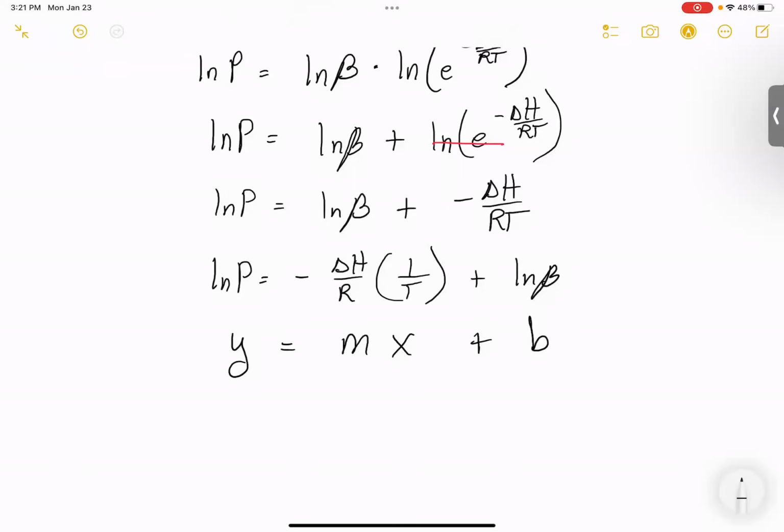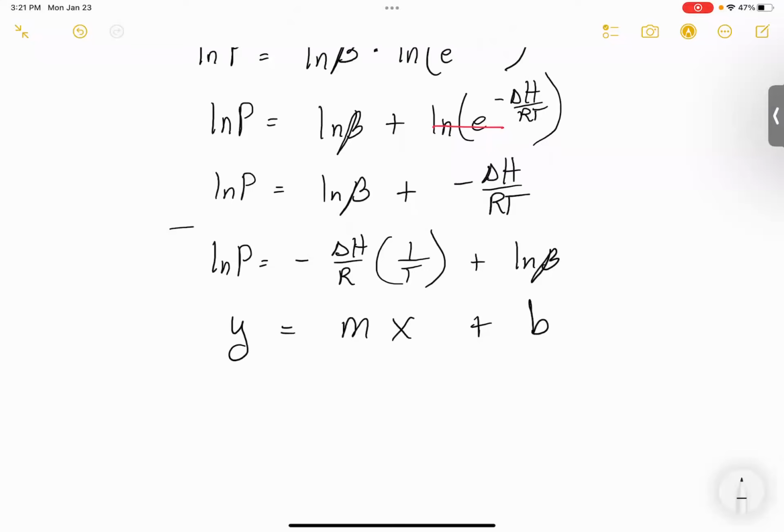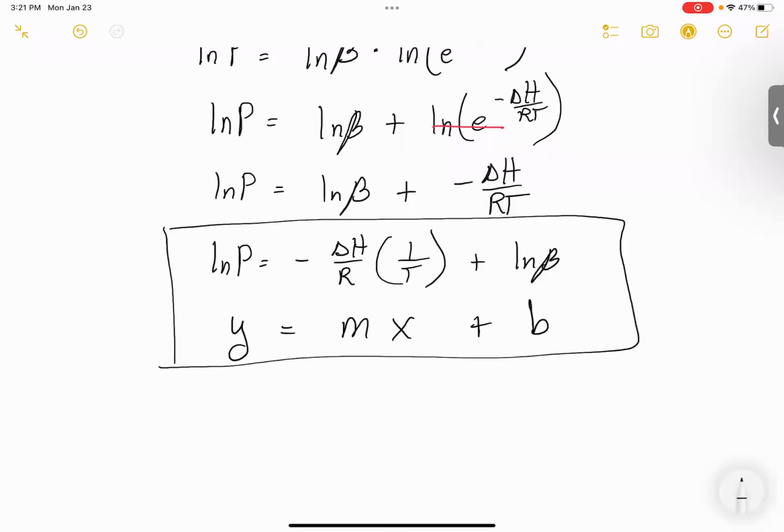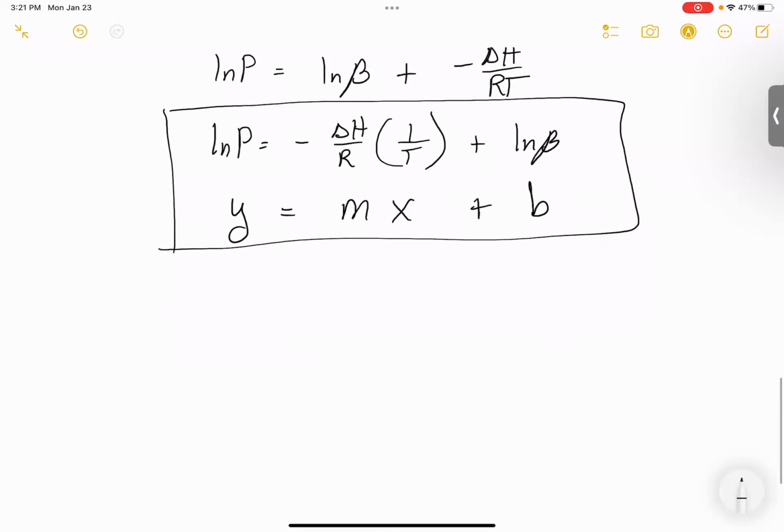Don't worry, you're not going to have to do the math, but I want to explain the math. You're going to have to do math, but you're going to have to do it with the equation, not get to the equation. This is just a lot of symbols. What we're looking at basically, though, is this as our end result. So in other words, what we can say is the natural log of P is equal to y on the y-axis.